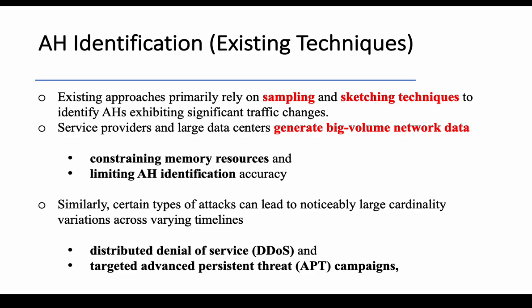Similarly, certain types of attacks such as distributed denial of service and targeted APTs, advanced persistent threat campaigns, can lead to noticeably large cardinality variations across varying timelines. And this can lead to memory wastage and reduced overall normal and abnormal host discrimination accuracy.